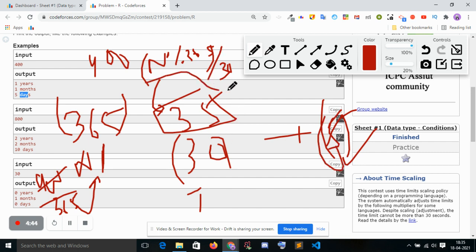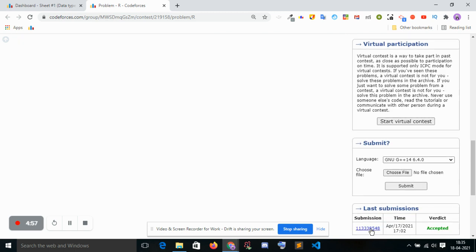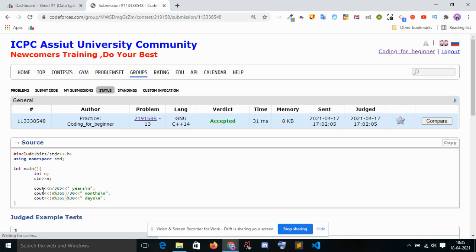So this is similar to the previous one, but instead of divide we should do modulus. So try it on your own. There are many solutions, but before that I think you should try. So nothing more: n by 365, then modulus 365 divided by 30, and this one.